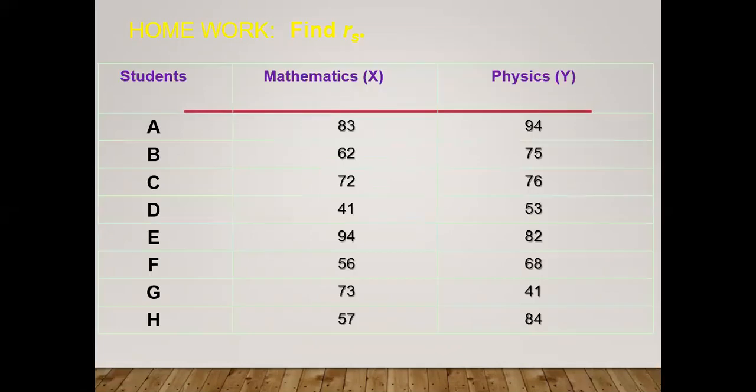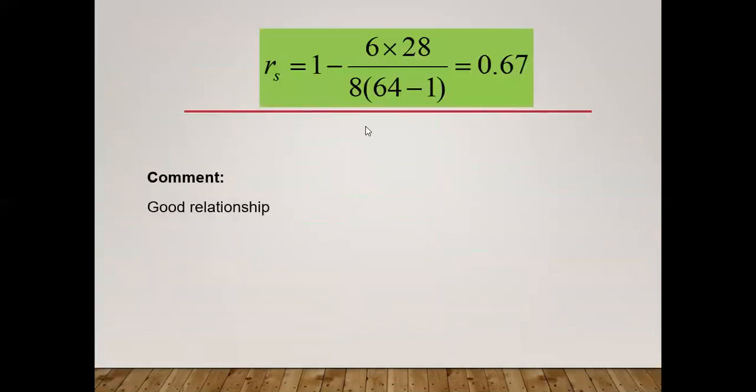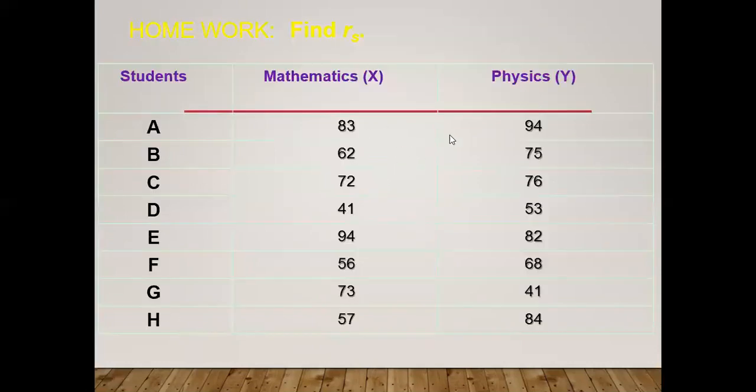Okay, it's your homework. Here are 8 students, and you see the relation between the two variables, x and y. Student A got 83 marks in mathematics and 94 in physics. Similarly, you see the relation between these two variables, mathematics and physics.